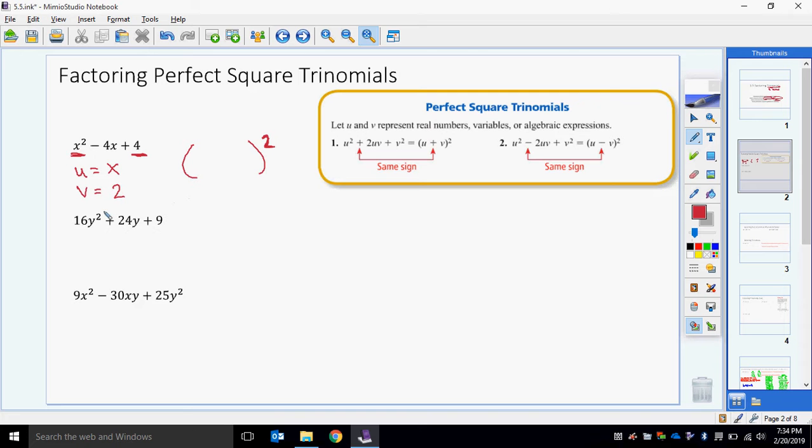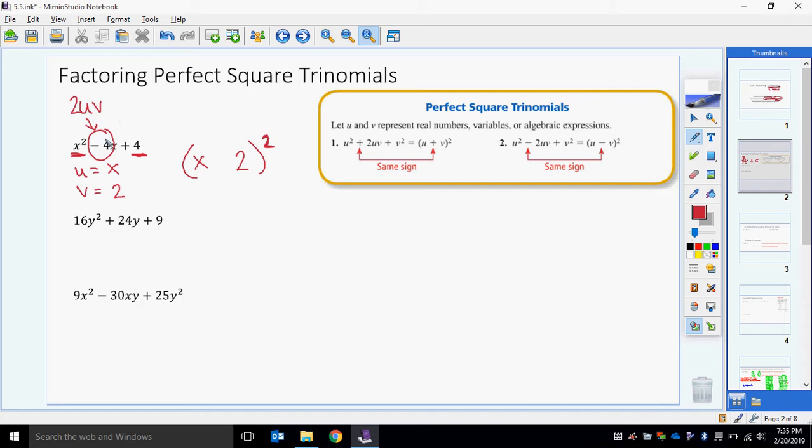So what you do is you fill in the first term being squared, x, and the last term being squared, 2. Now, the middle term is important. This isn't a perfect square unless the middle term can be found by taking your u times your v times 2.